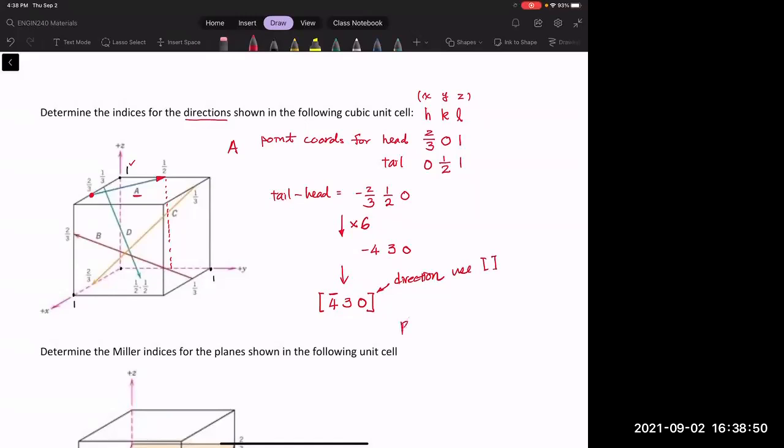If this is a plane, then we use parentheses. If this is a family of directions, we use angle brackets. If this is a family of planes, then we use curved braces.